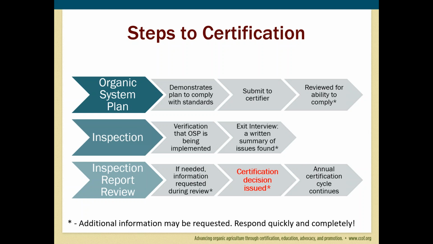If certification isn't granted, it's usually because there's some kind of missing information or a question that can be resolved. That's what we see in the majority of cases. Common examples of that are, like I mentioned earlier, providing the full name of a material that was used during the transition, or demonstrating that you have a structure in place to keep records.